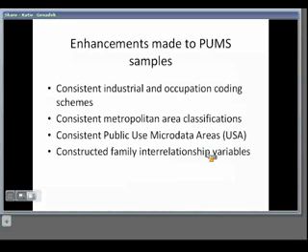All of our documentation is again online, and the main source of documentation is a variable description. We put in the availability of it, what the universe is, who this question or this variable applies to, if there's any issues with comparability across time, any issues with allocation and imputation flags.